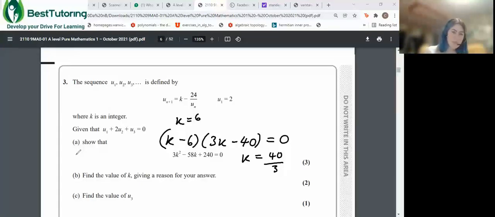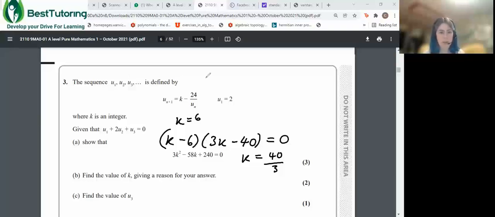So I'll give those of you who haven't sent me a few more seconds to think about the next one then. So find the value of U3. So now you know K is 6. Remember, obviously I've rubbed mine off, but hopefully you guys have in your workings what U3 was equal to.